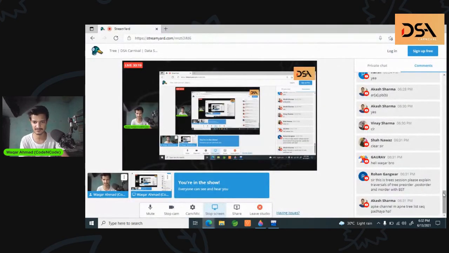Before that, let me see if there are any questions. No. Gaurav says hello. Okay, hello Gaurav. He says this is a tree session, please explain traversal of tree. Actually, pre-order and post-order are specifically for binary, ternary, or k-ary trees. We are learning here about the general tree.